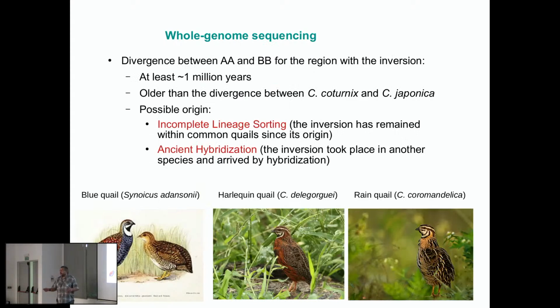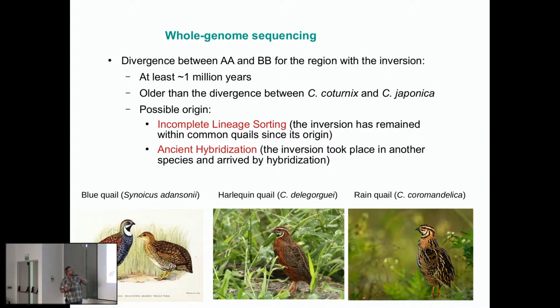Well, we could just compare the sequence in the inversion in the two types of quails, and looking at the sequence divergence, we could estimate the time of divergence. And we estimated that the two chromosomal types originated at least 1 million years ago, and could be very much more than that.